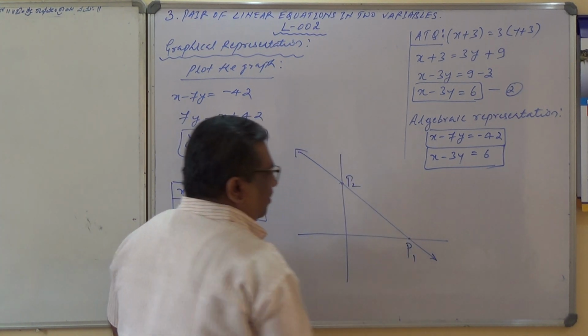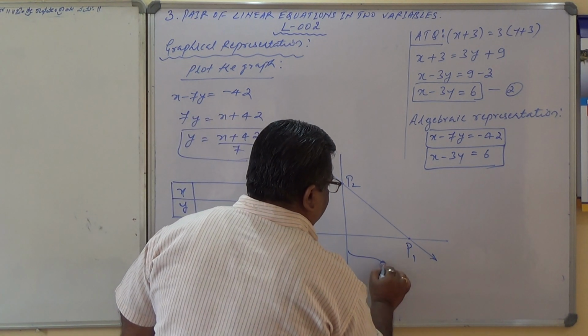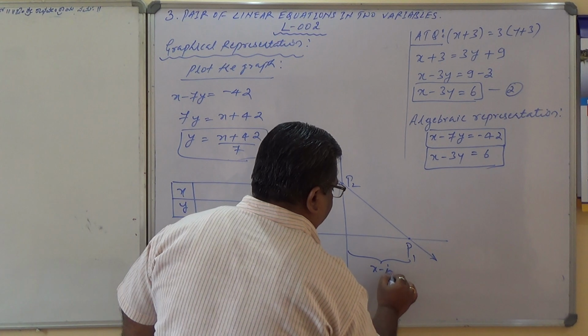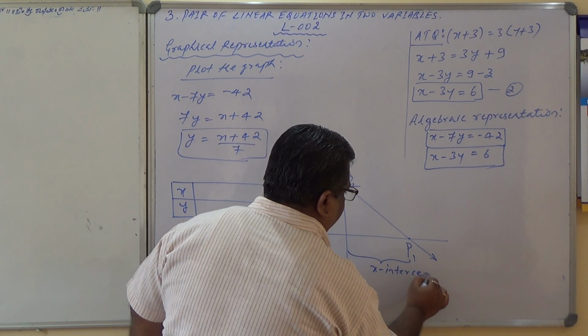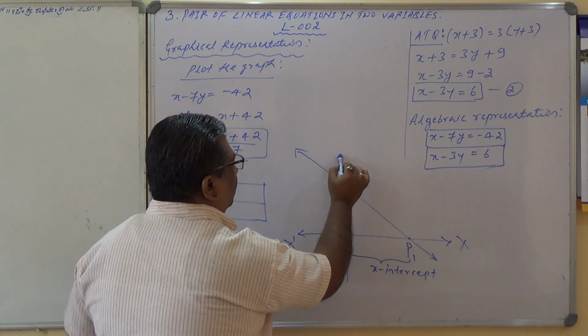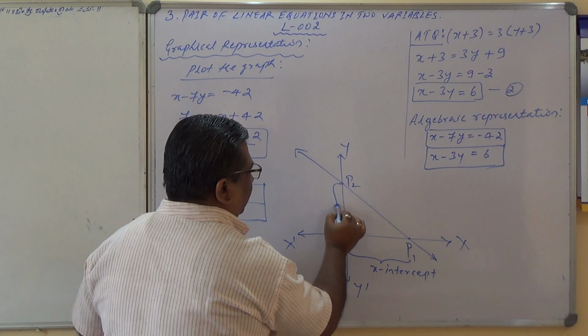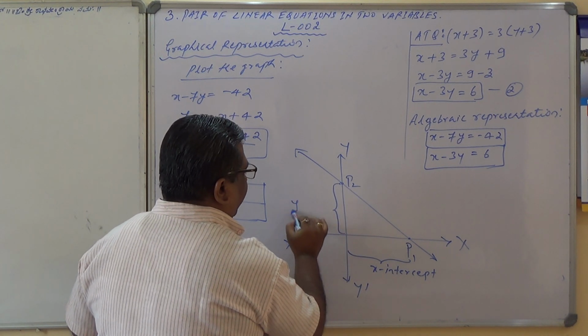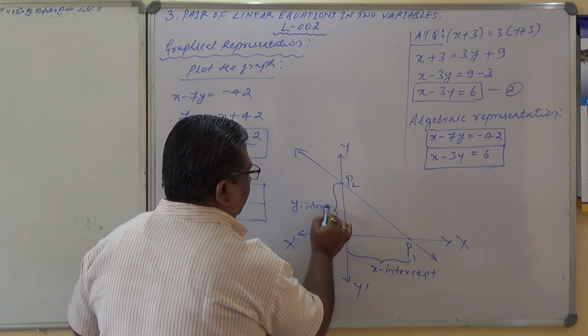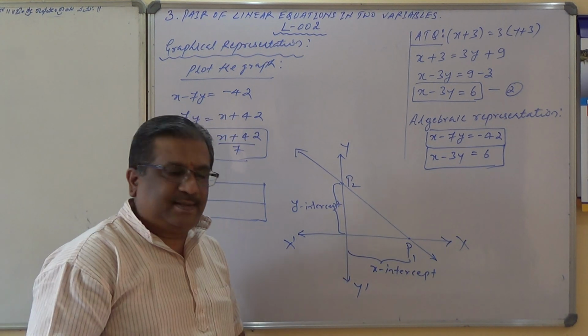This is the graph of some linear equation. This is called the x-intercept, and this portion is called the y-intercept. I hope you will be able to understand this.